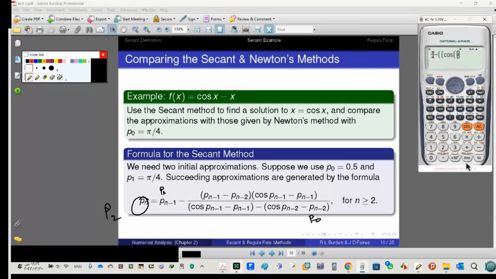You can write the same line, close, minus 1, close, multiply. Here we have a problem. Pn minus 1, it is pi over 4, minus 0.5. Okay, close.